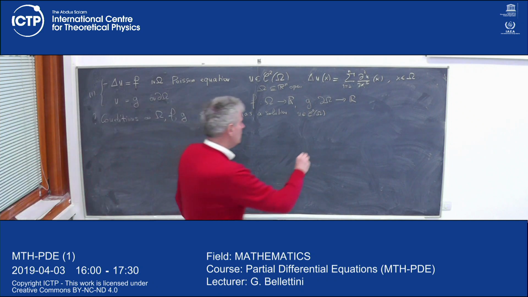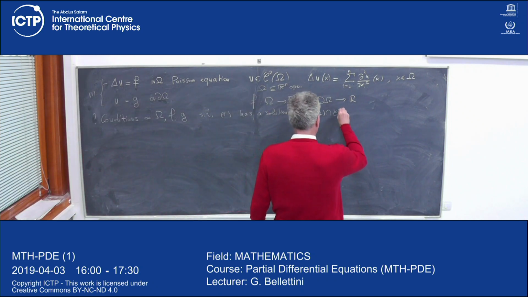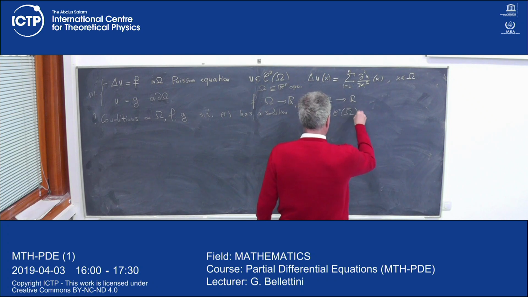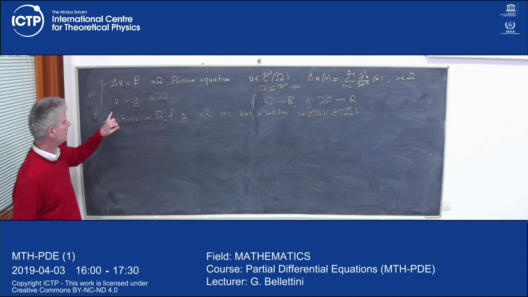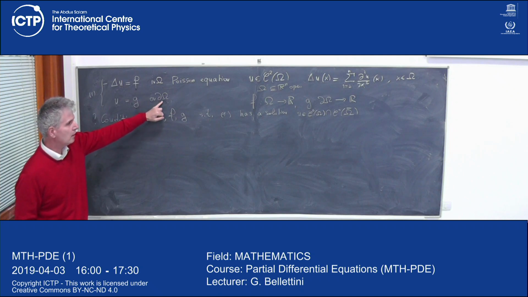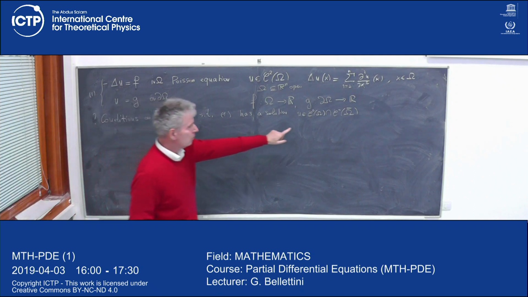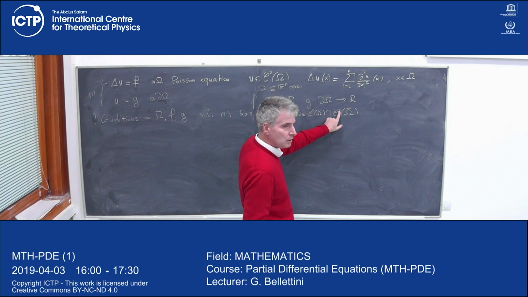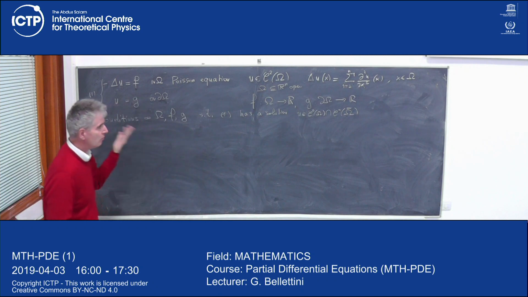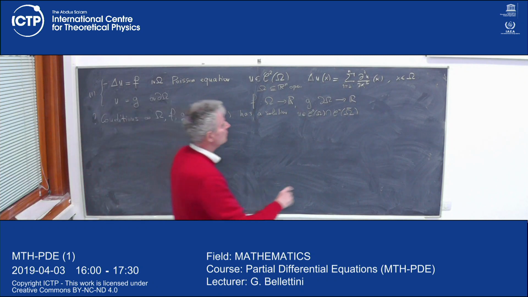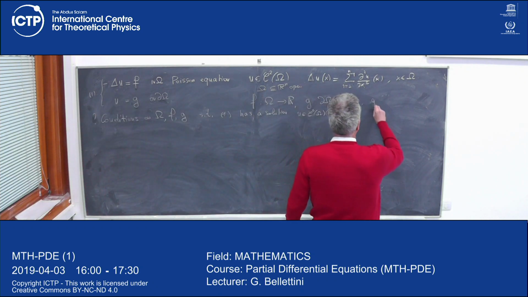So maybe in order to be clear, we could decide that by this we mean that at any point x on the boundary, u of x, which is defined because u is continuous and defined on the closure, must be equal to g of x. Suppose, say, that g is continuous in some class.